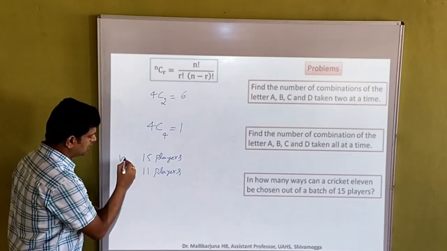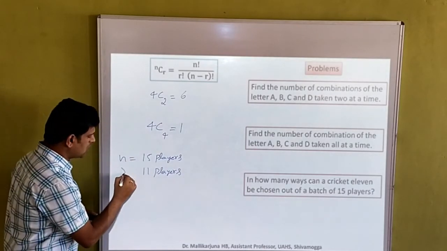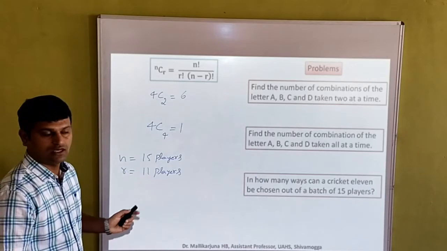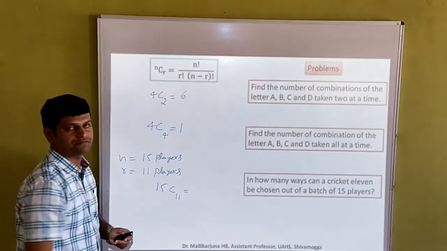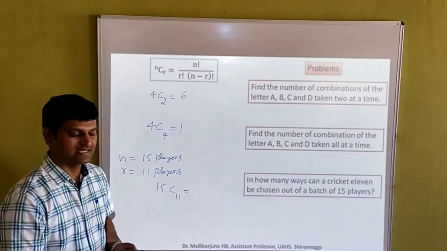Here n is 15 players, r is 11 players. 15C11.